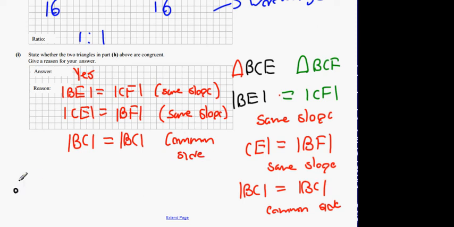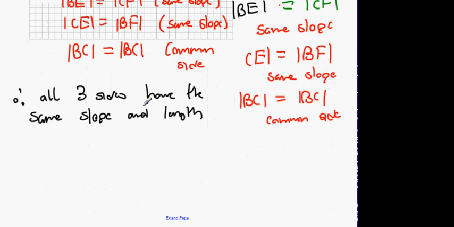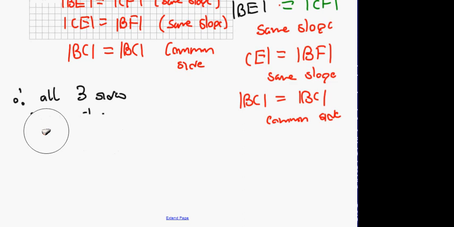Then you can sum it up. All 3 sides have the same slope and length. Oh, sorry, I can do this slightly better. All 3 sides of triangle, what's the triangle BCE, is it?